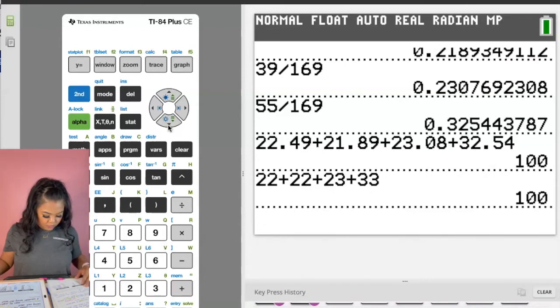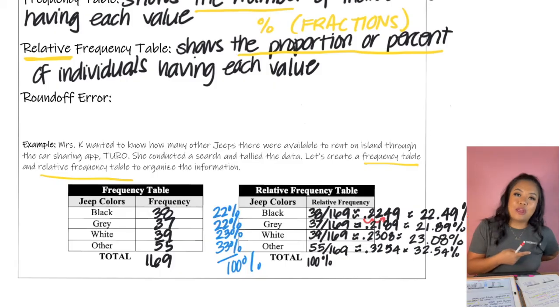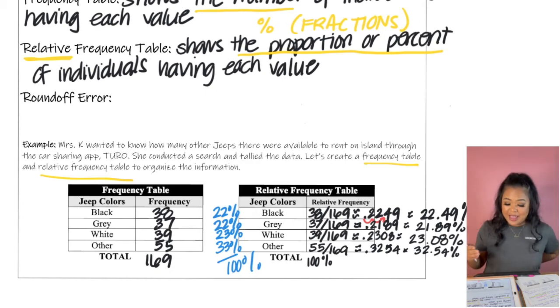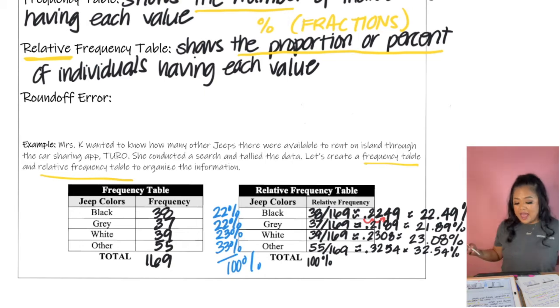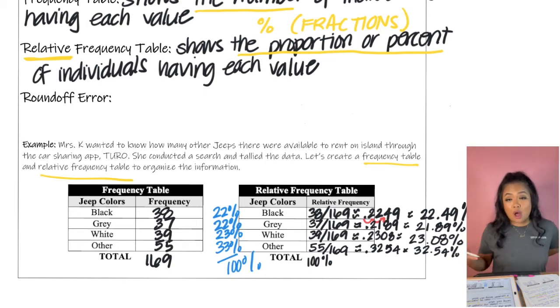Oh man. Okay, so sometimes you'll get an answer of like 101 or 99%. And the reason why you get a number like 99 or 101% and not 100% is that you've done a little bit of rounding off. We call that round off error.